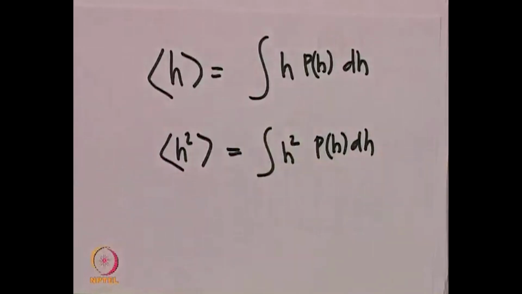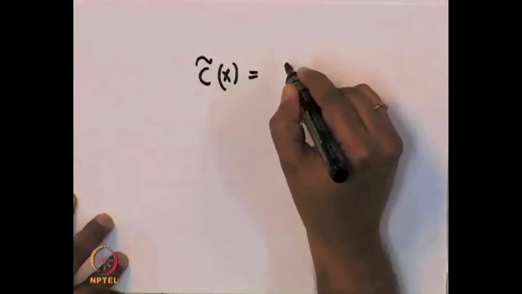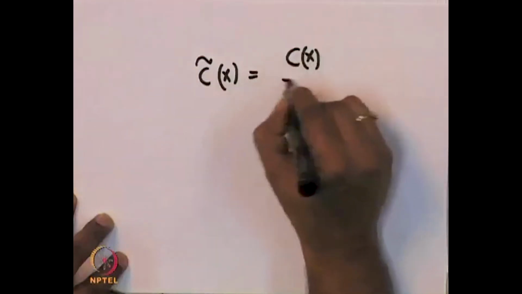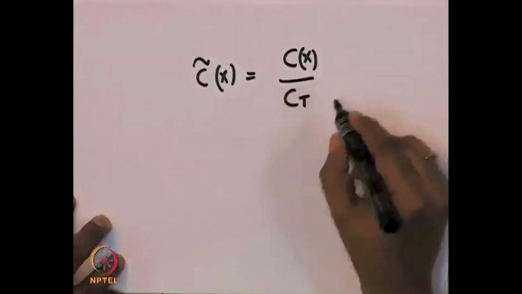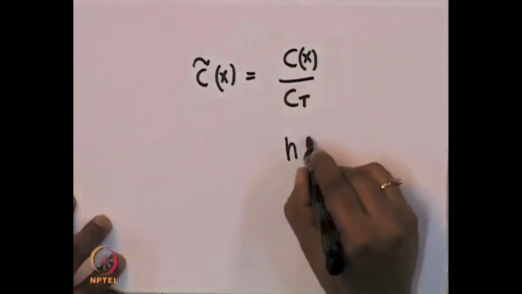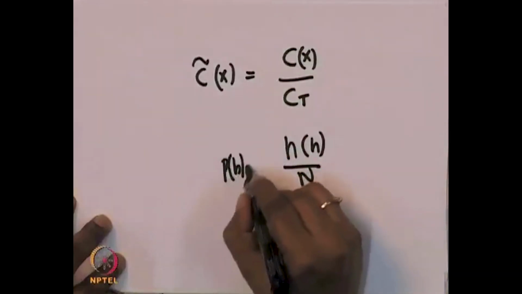In fact, when we did the case of diffusion concentration, we had done precisely this. If you remember, we had defined C tilde of x as C of x by total concentration. This is just like we defined today n of h by n as P of h.